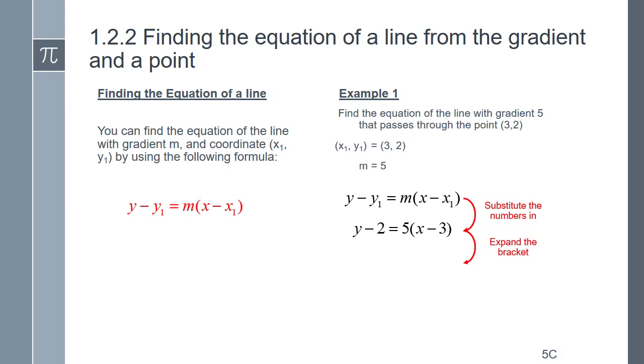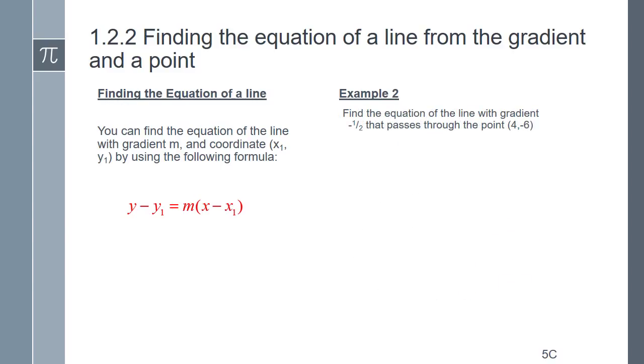So we can rearrange it, expand the bracket: y minus 2 is 5x minus 15, do some rearranging, and we get y is 5x minus 13. That's a perfectly fine answer. We could have, if we wanted, 5x minus y minus 13 is equal to 0. That would be perfectly fine as well. But we've got to get it in one of the approved ways of writing the equation of a straight line.